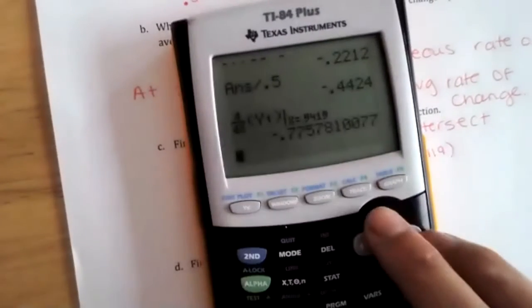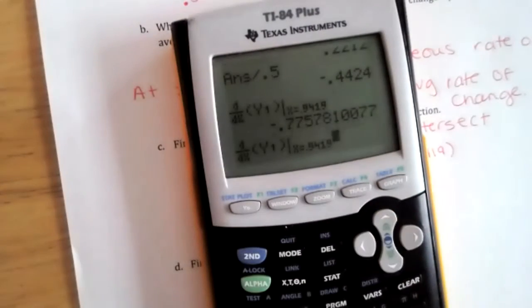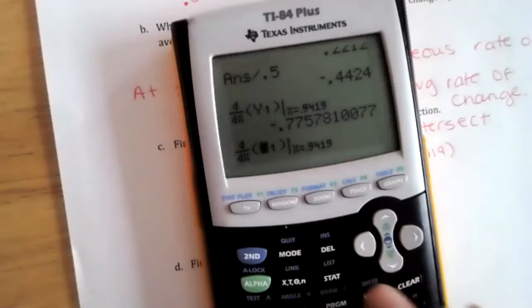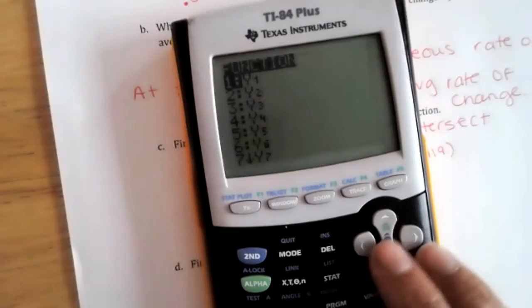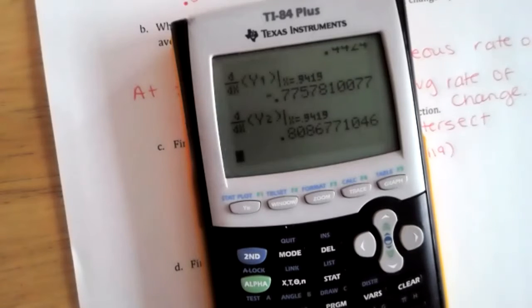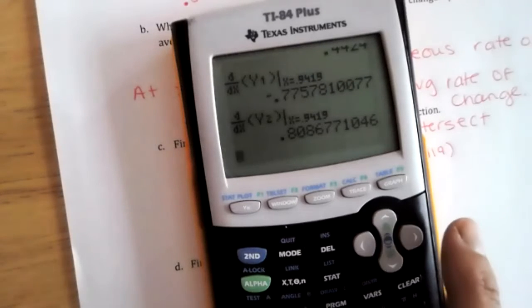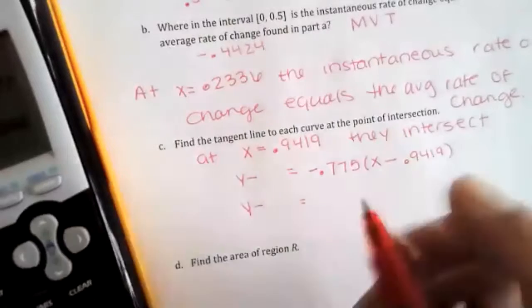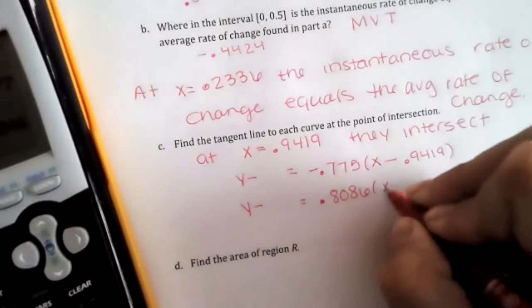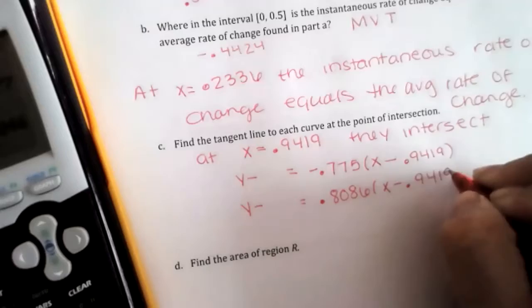What I'm going to do is highlight this again, hit enter, and change this. So I'm going to hit vars, y vars, function, and go down to option 2, then hit enter. So I get 0.808. x minus 0.9419.